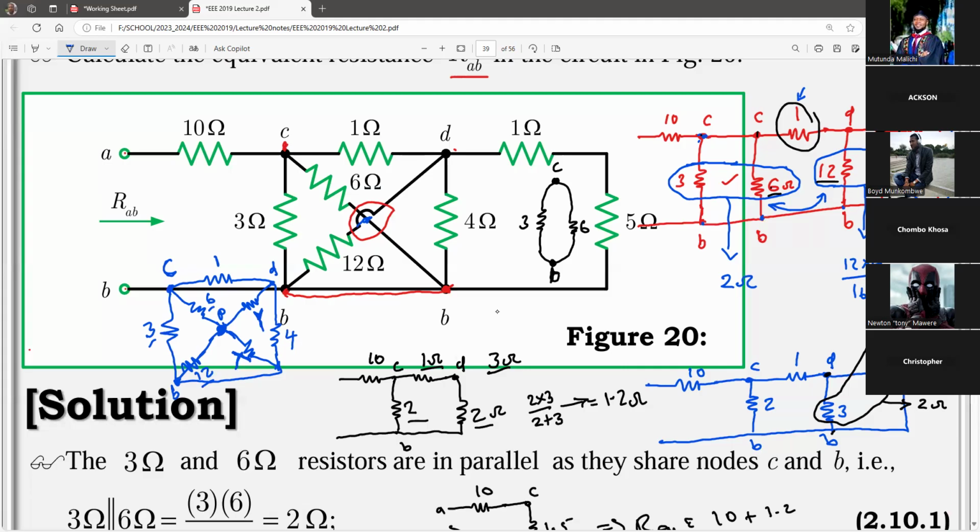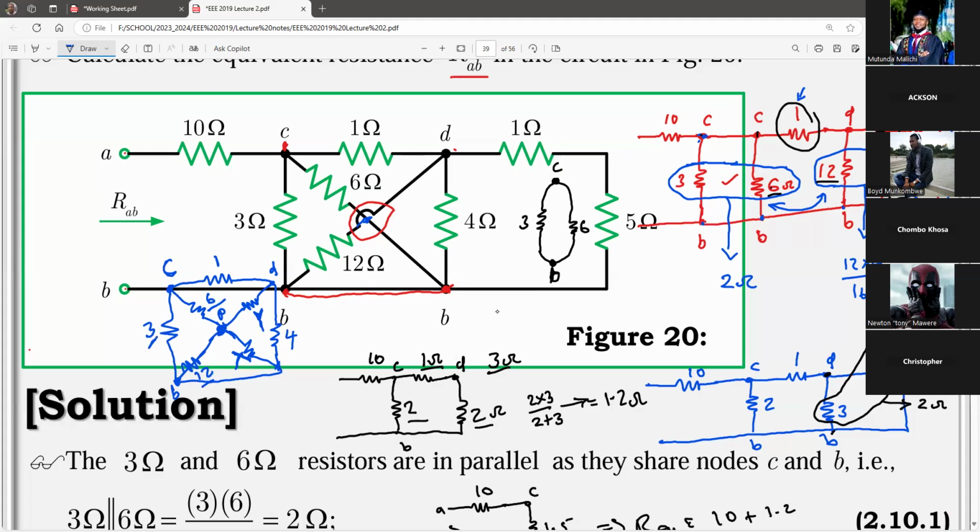But if there is that connection, resistors 3 and 6 cannot be considered to be in series. They cannot be considered to be in parallel. Yes, I know they are connected at point C, but because there is another 1 ohm between C and D, the current that will flow through 3 and the current that will flow through 6 will not be the same.